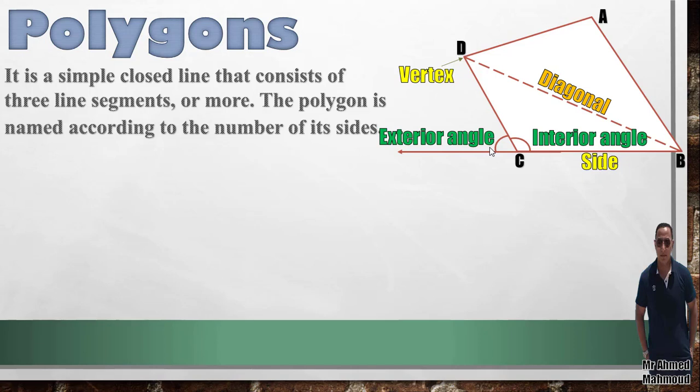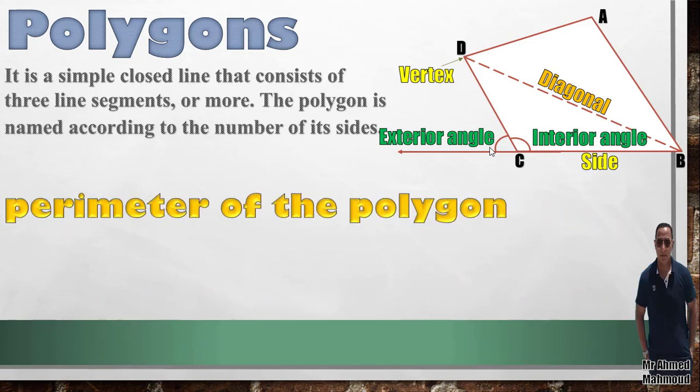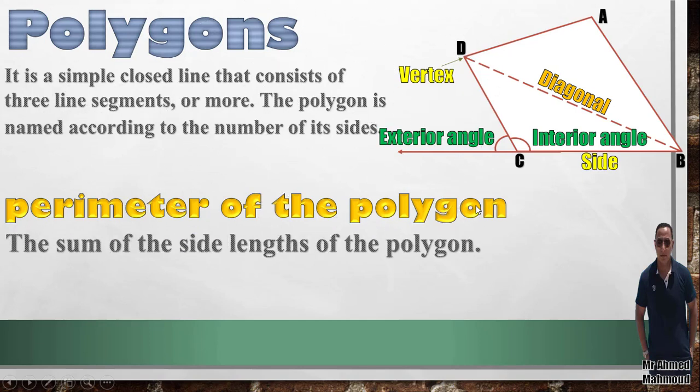Now we have a definition called the perimeter of the polygon. The perimeter of the polygon is the sum of the side lengths of the polygon. For example, if I have a polygon like this, and this side equals 2, and this is 3, and this is 5, and this is 4.